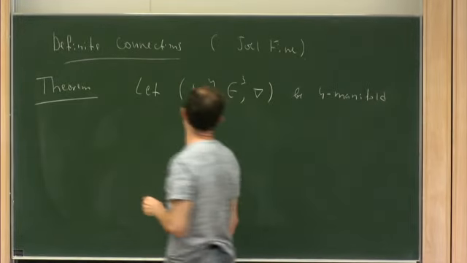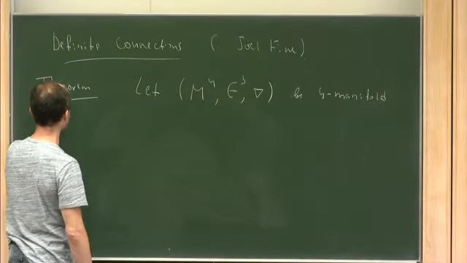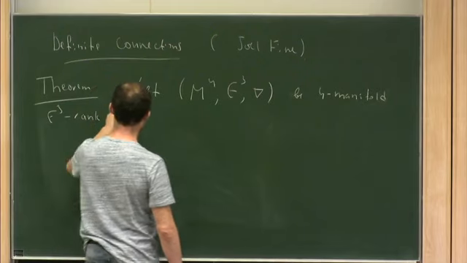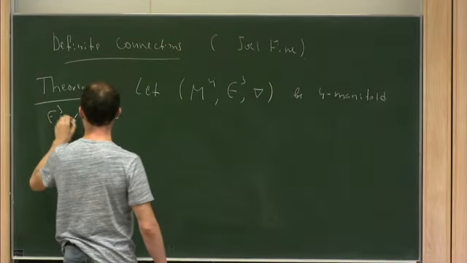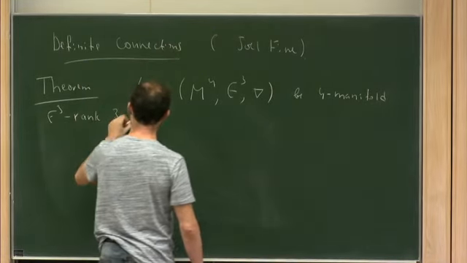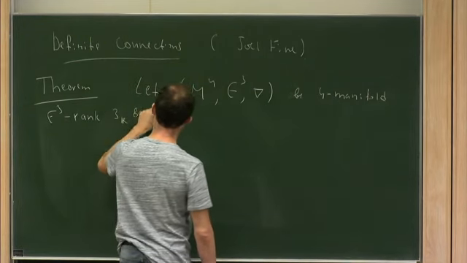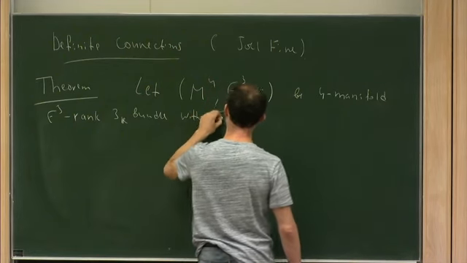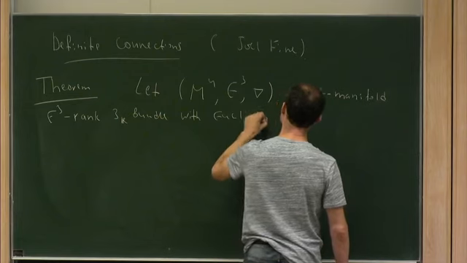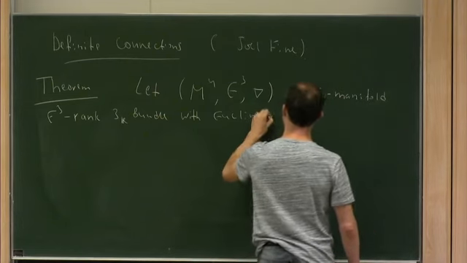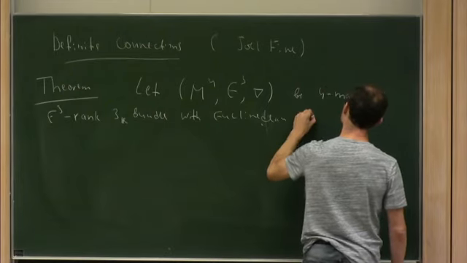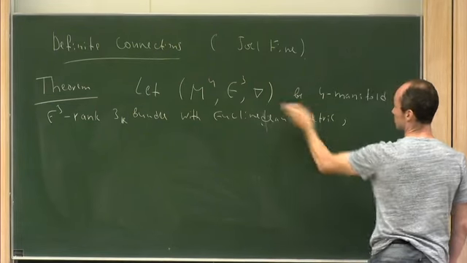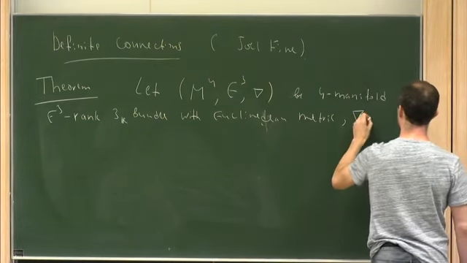and then E3 is a rank 3 bundle with a metric, with a Euclidean metric, and nabla is a metric connection.